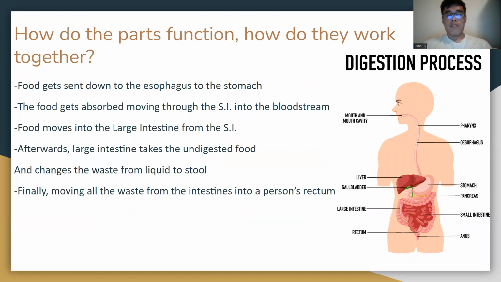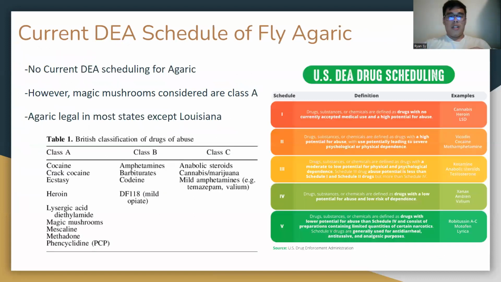Our food gets absorbed from the small intestine into our bloodstream. That's how our body allocates nutrients and takes them from our food. The food afterwards goes into the large intestine, which takes the undigested food and converts the waste from liquid to stool. That's where our fecal matter gets made, and it moves from our rectum to our anus. That's the end of the digestive system.